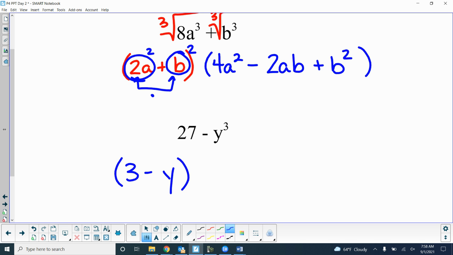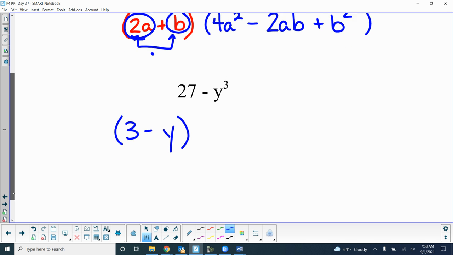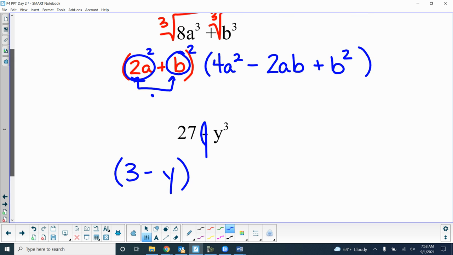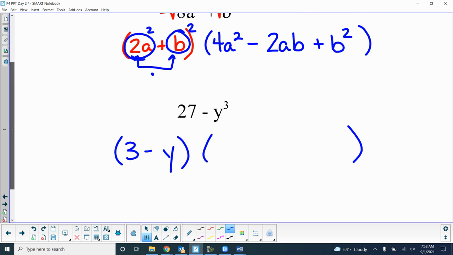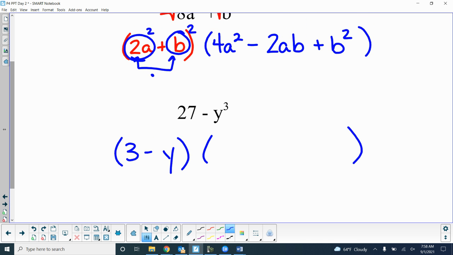Okay, Larissa. What's the first term of my trinomial? 9. Good. You take the first term and square it. Amber, what's the middle term?